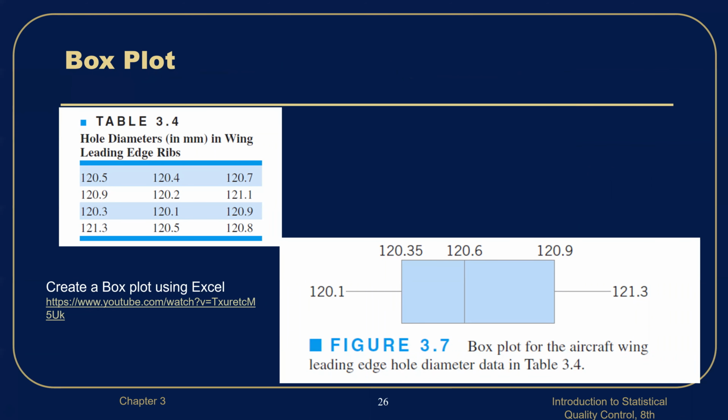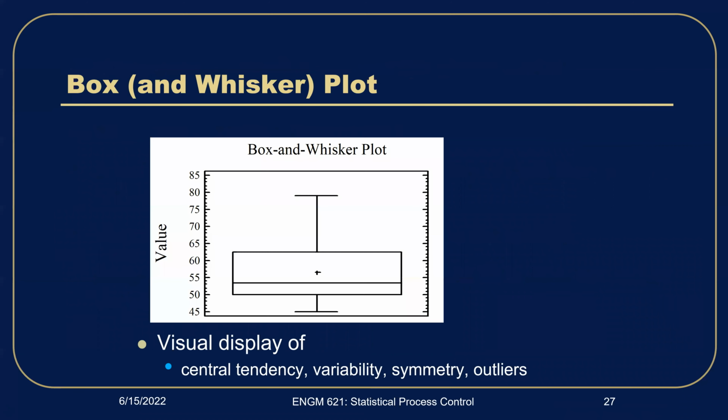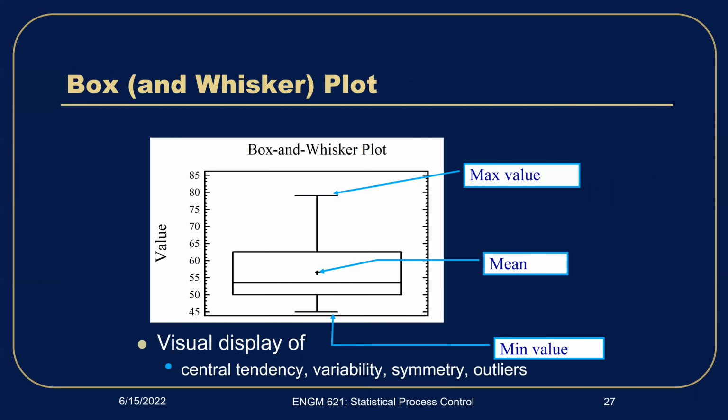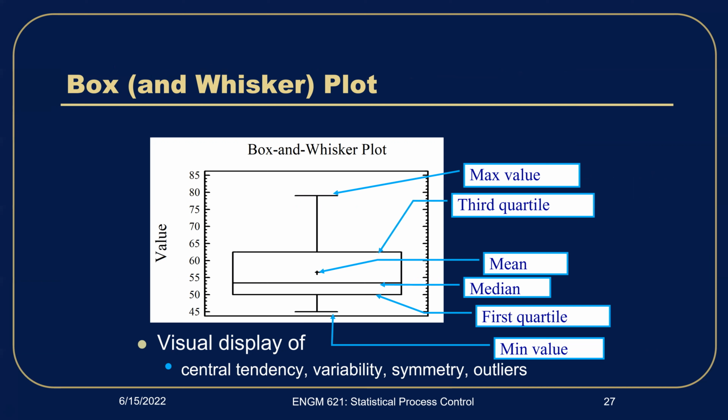Box plot is another tool that delivers key messages of a data set. By showing a lot of measures, it displays the max value, the third quartile, the mean, the min, the median, as many as you can.